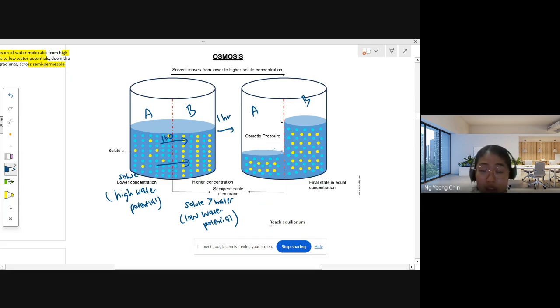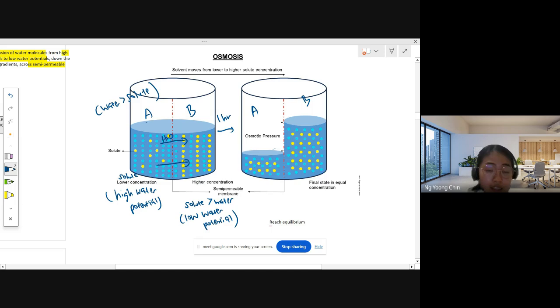When you calculate, initially B has more solute particles than water, and A has more water compared to solute. Sometimes the question asks in this way: in A and B, they will give you the molarity.